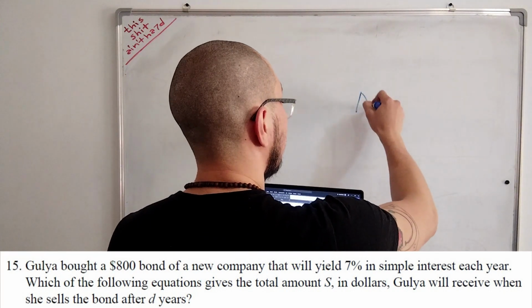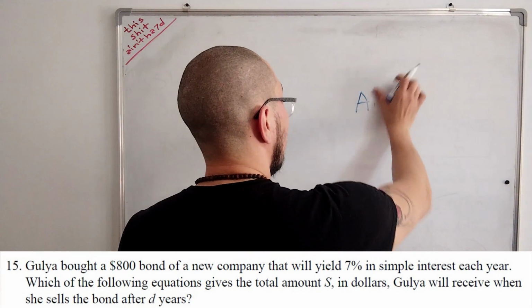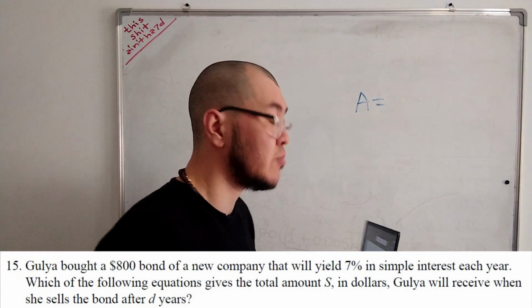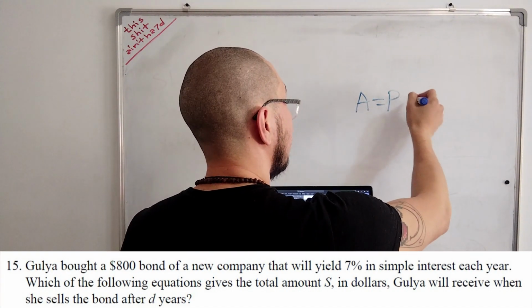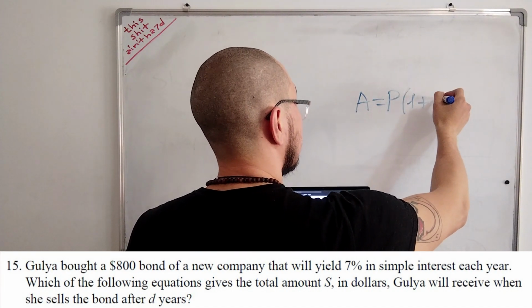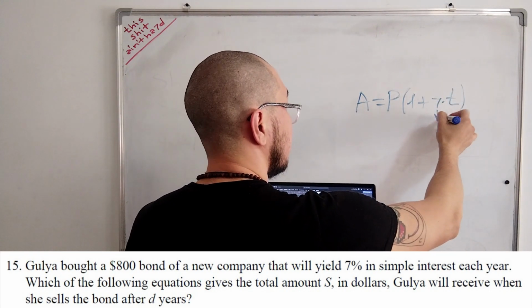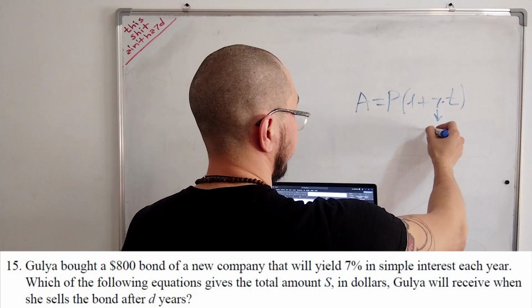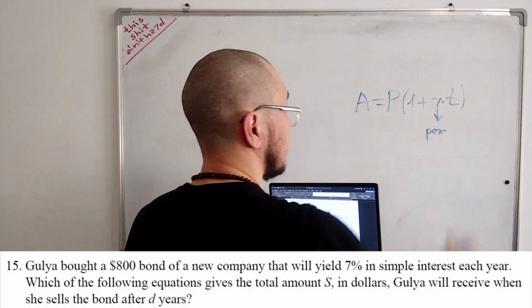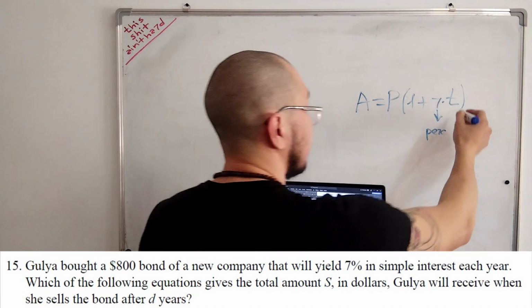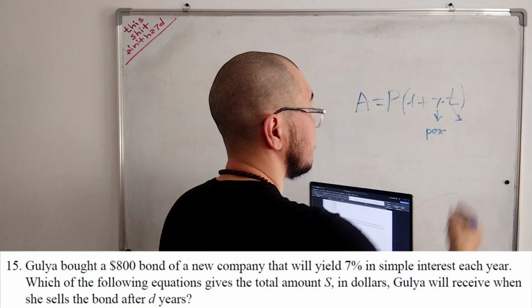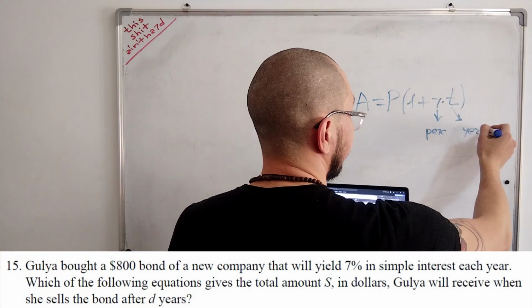We have to remember the formula for simple interest: A equals P times 1 plus R times T, where R is our percentage and T is the amount of years.